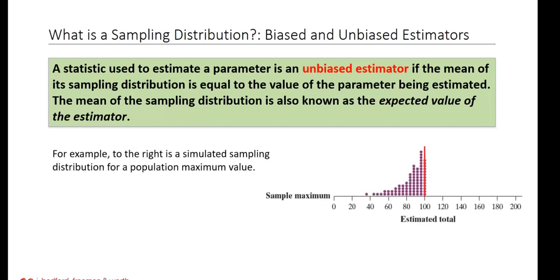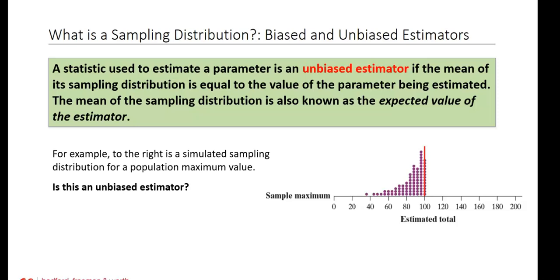So here's a simulated sampling for a population maximum value. Instead of mean or proportions, this one's measuring the maximum. So is that an unbiased estimator? It is if the mean of the sampling distribution is equal to the parameter being estimated.